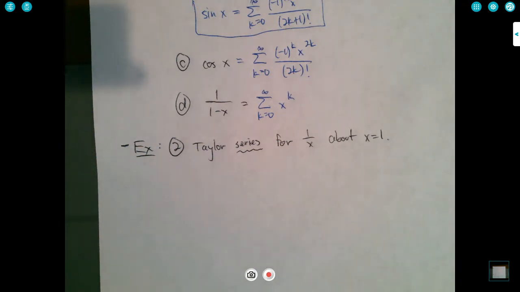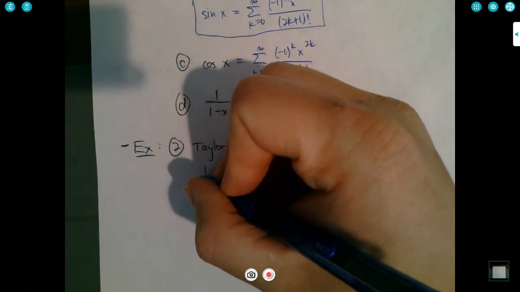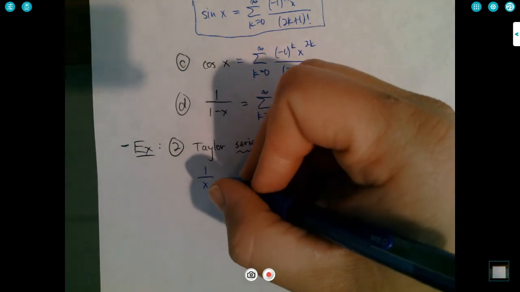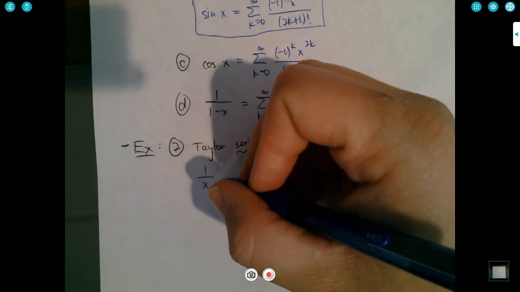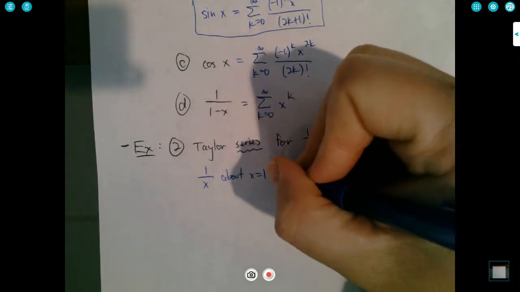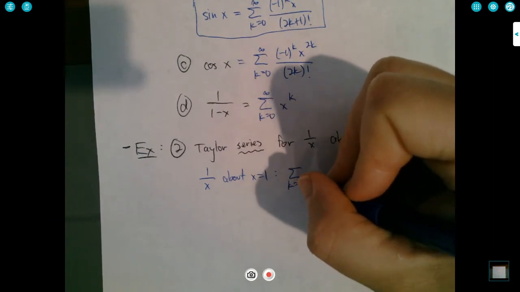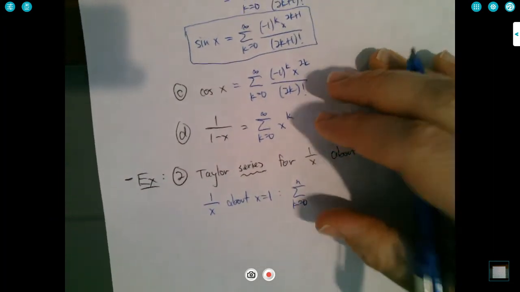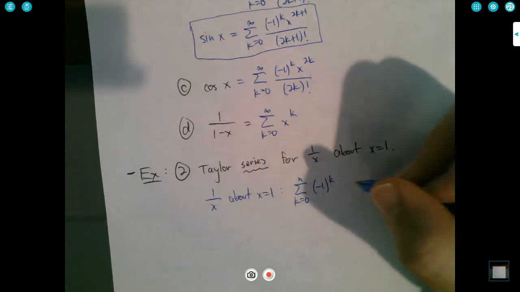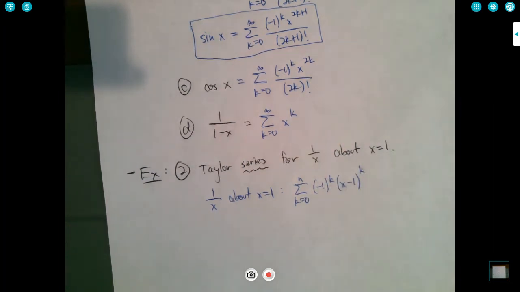So the Taylor polynomial that we came up with for 1 over x about x equals 1 was the sum from k equals 0 to n of negative 1 to the k times x minus 1 to the k. So that's what we came up with in the previous section for the Taylor polynomial.